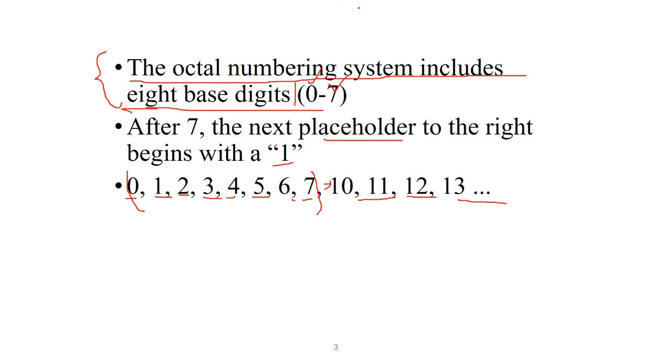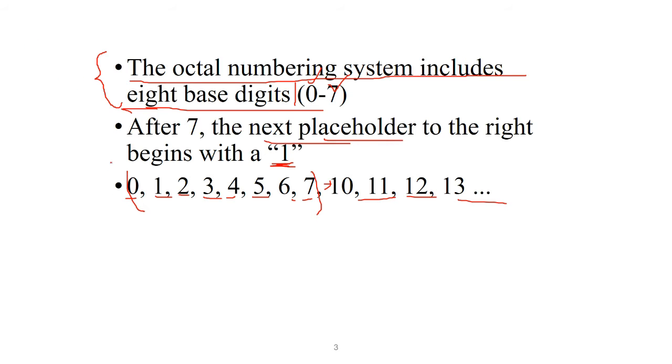Why is that? You can tell that the numbers are getting repeated, but the next placeholder to the right is beginning with a 1. After 7, the next placeholder to the right is beginning with a 1.